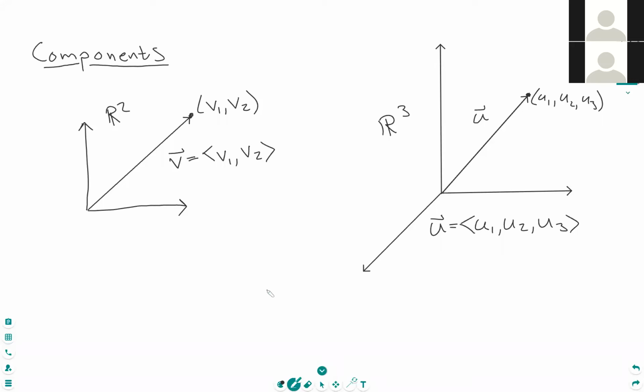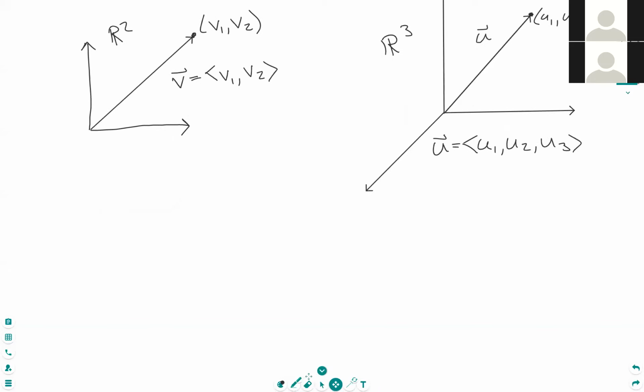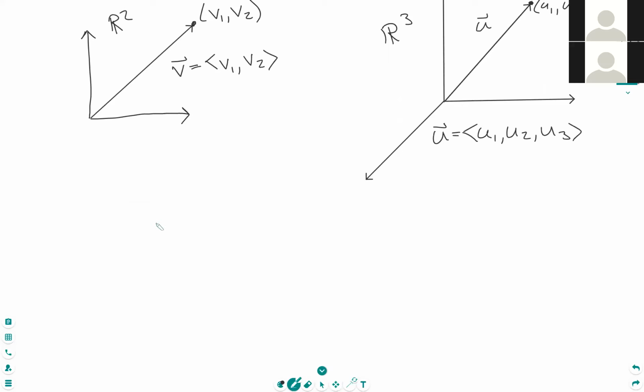So now let's talk about how addition, subtraction, and scalar multiplication work when we're displaying vectors in this format. Can we quantify how that behaves? Yeah, of course we can.